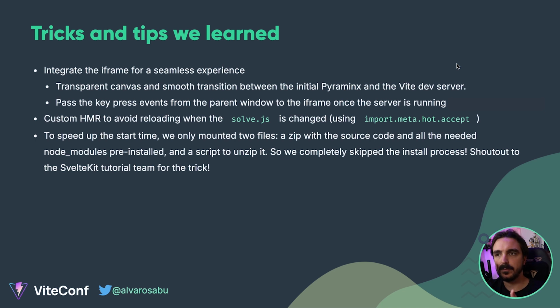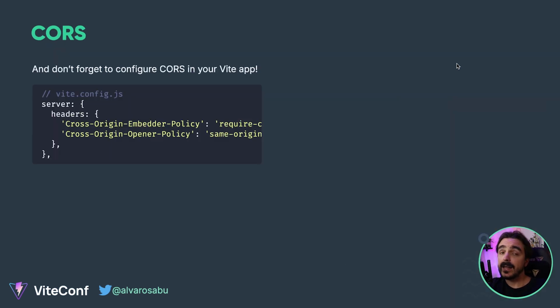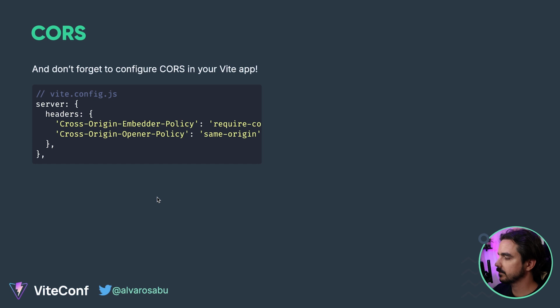One was a zip with all the source code and everything that we needed, like all the node modules pre-installed, and then a script to unzip it and load it. So we completely skipped the installation process of the whole thing. It was already installed, and I think this is something that the SvelteKit tutorial team made possible, so thanks for the trick. And also don't forget to configure the CORS in your Vite app.